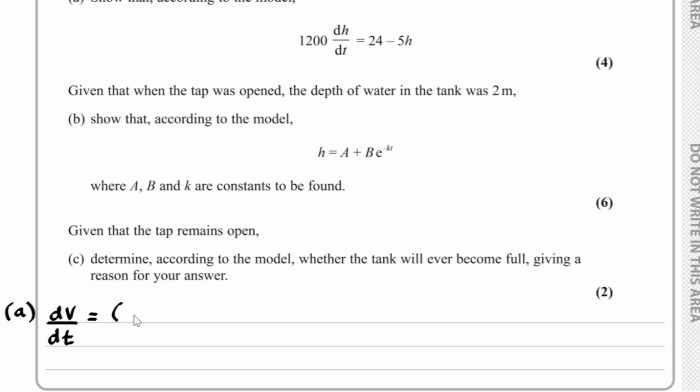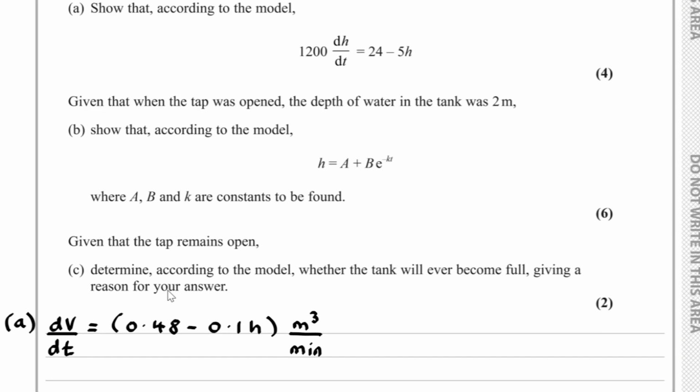This is equal to what's going in, 0.48, minus what's going out, 0.1h. The units are meters cubed per minute.